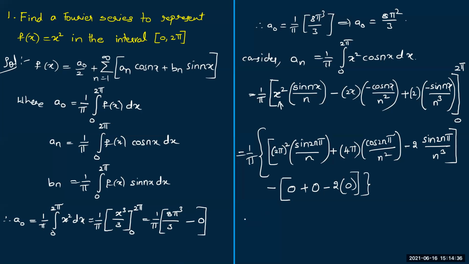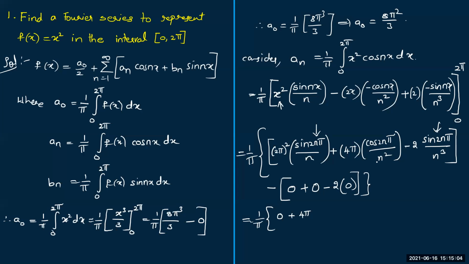Right? So what remains? 1 by pi into, recall, when it is sine 2n pi, even here also it is sine 2n pi. As we had seen in the previous slide, when it is sine 2n pi, its value is 0. Therefore, the first and even the third term both become simply zeros. So here what remains is plus 4 pi into cos 2n pi.